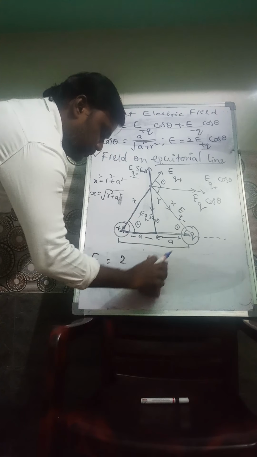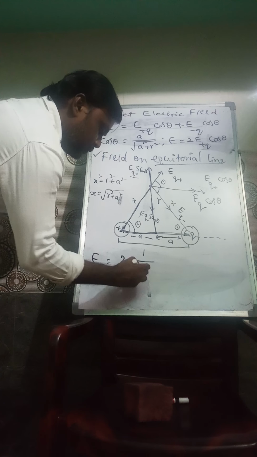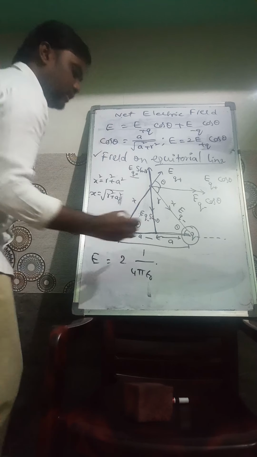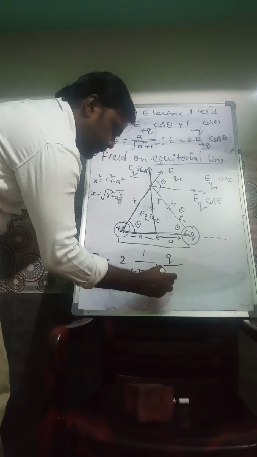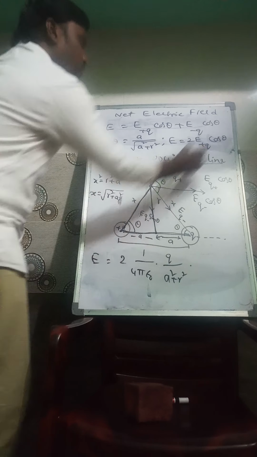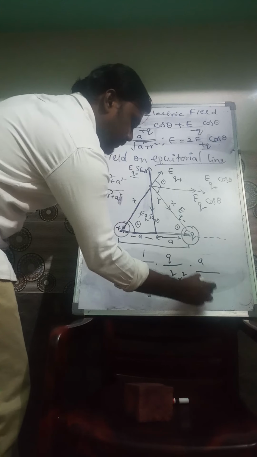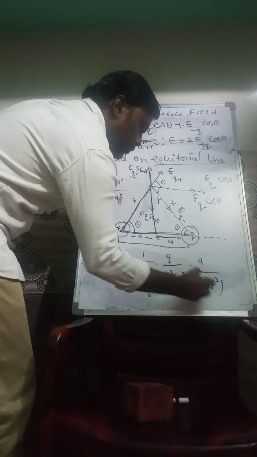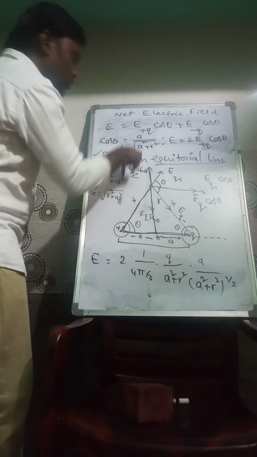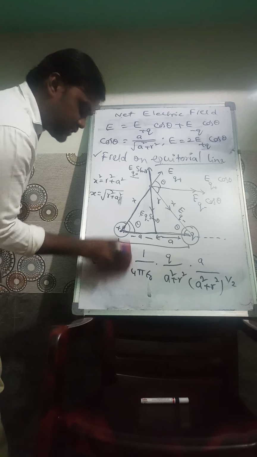E plus Q means 1 by 4 pi epsilon naught Q by a square plus r square into cos theta. This is the cos theta value. Cos theta means a by a square plus r square whole power 1 by 2. Here I am bringing this 2 here.